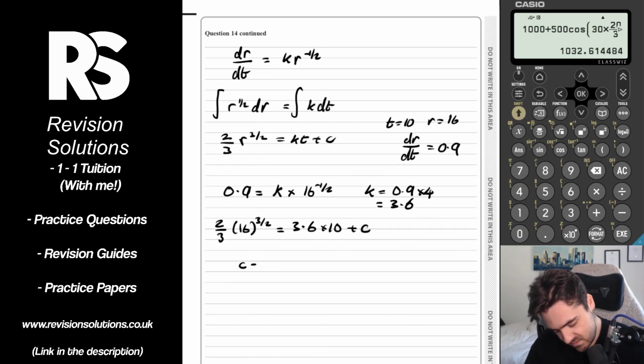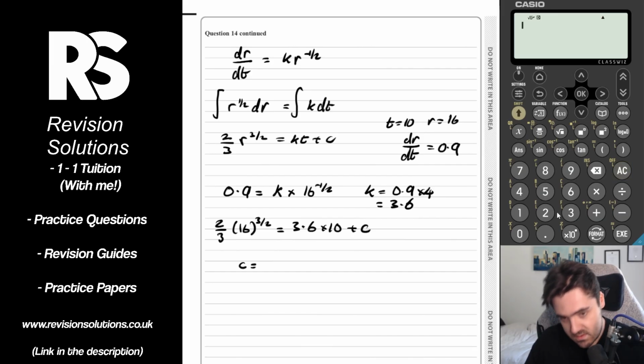So to find c, let's just plug that in the calculator. So that would be 2 over 3 times 16 to the power of 3 over 2, and then we have to subtract that other term, so 3.6 times 10, so minus 36. That is 20 over 3.